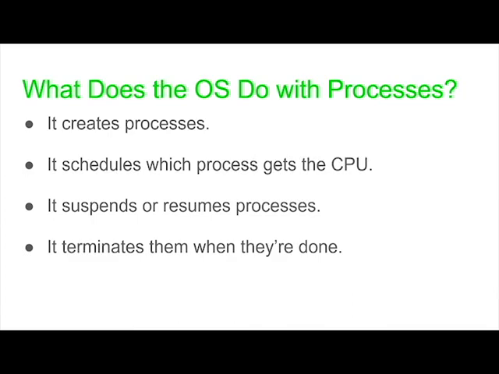It also schedules which process gets the CPU, working on a priority basis. It suspends and resumes processes. It also terminates a process when it is done. Without this management, your computer wouldn't be able to do multitasking. So multitasking is very important from the process point of view.